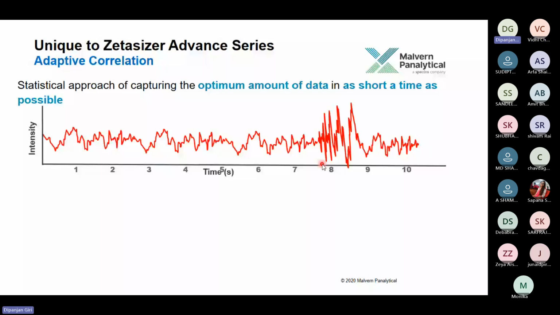So the idea behind this new technique, the adaptive correlation, is to take the actual data and isolate the abnormal fluctuations so that we do not compromise the data quality. What we've done is reduce the subrun time to, let's say, 1.6 seconds, to minimize the probability of fluctuation from dust or random particles, that is, the transient number fluctuation.